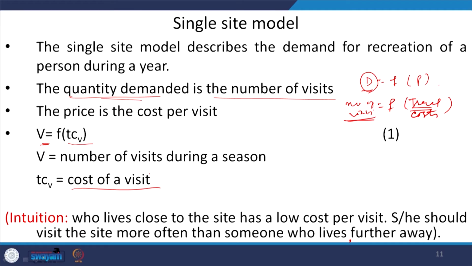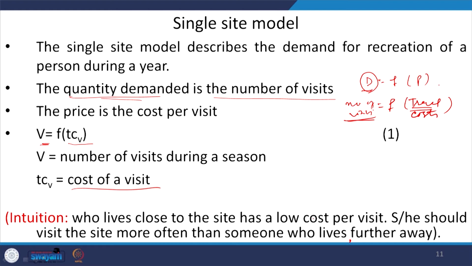Here the very intuition that we are taking into account is that if the visitors are living close to this site, then it has a low cost expenditure per visit. If the cost of visit is less, then obviously the person would be interested to visit that particular place more number of times, and vice versa.